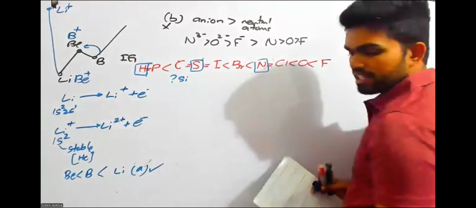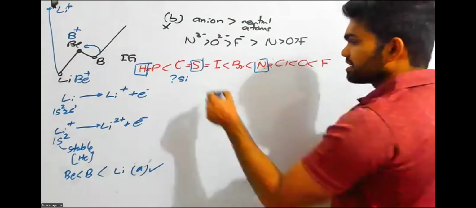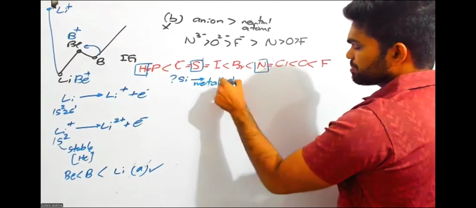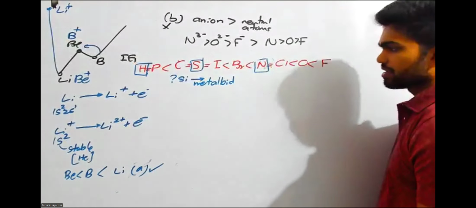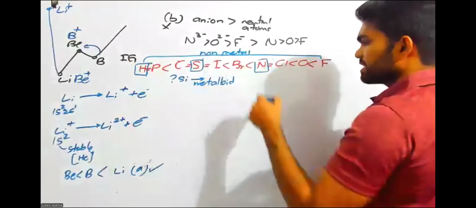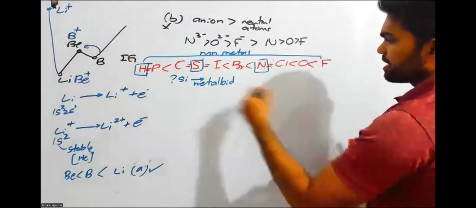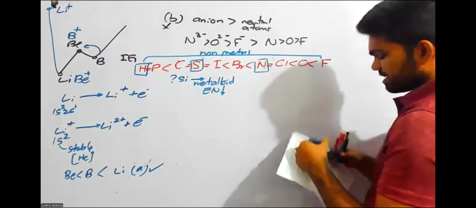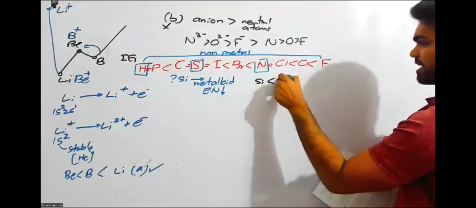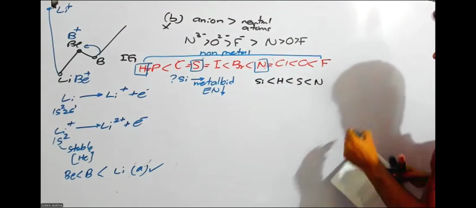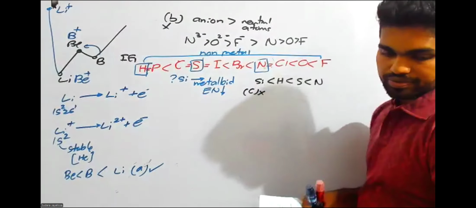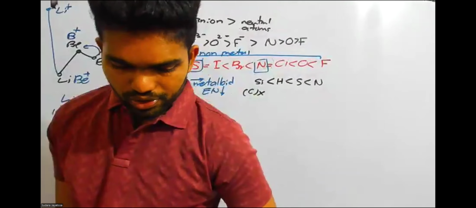Silicon does not belong to this series. Why? Silicon is a metalloid, so it has characters in between metal and non-metal, while they all here are non-metals. So the correct order has silicon lowest, because it has metallic properties, so it should have a low electronegativity. The correct order is silicon, hydrogen, sulfur, and nitrogen. So answer C is also wrong.